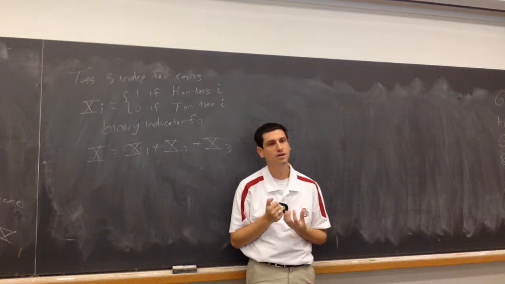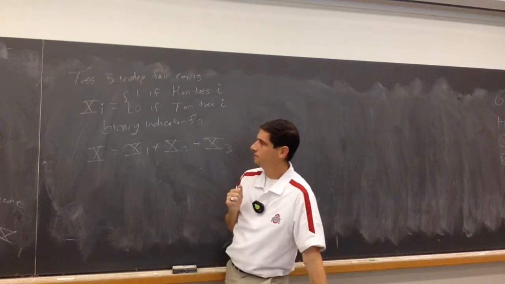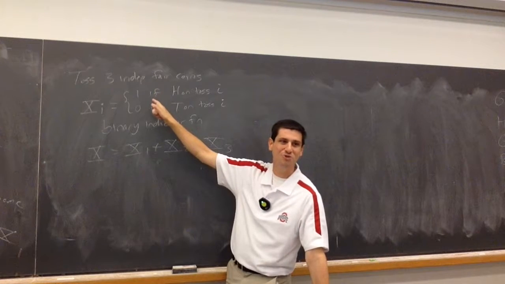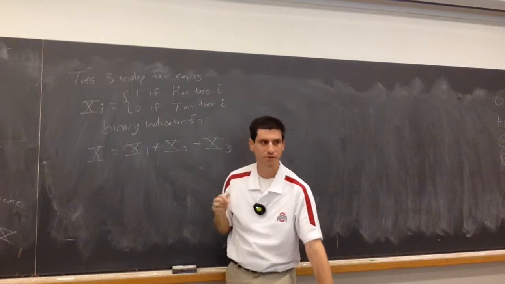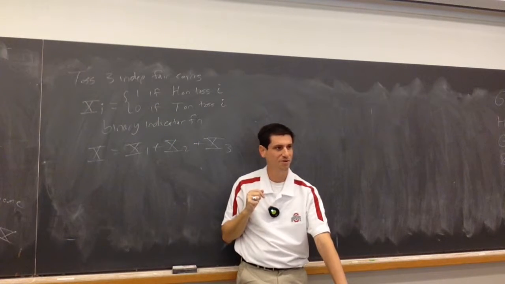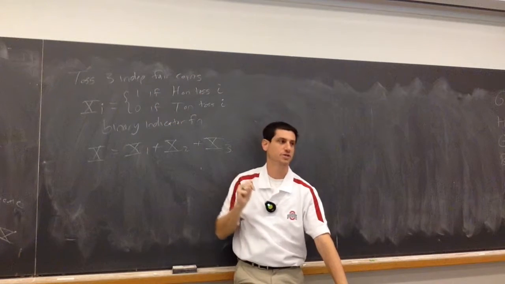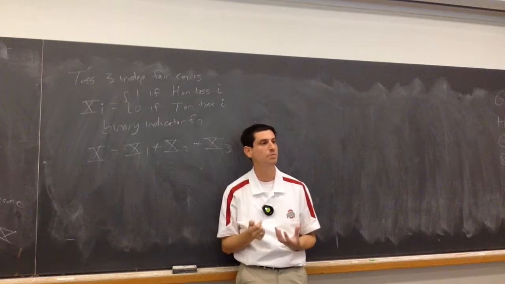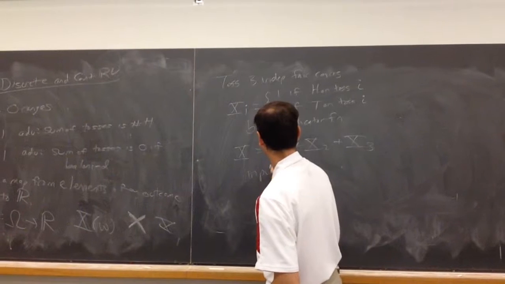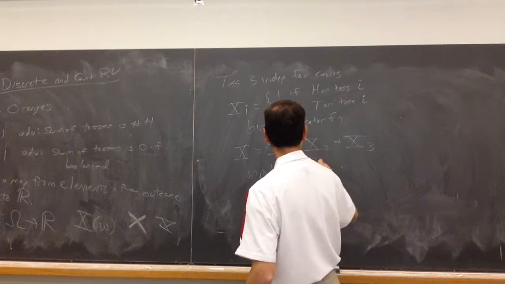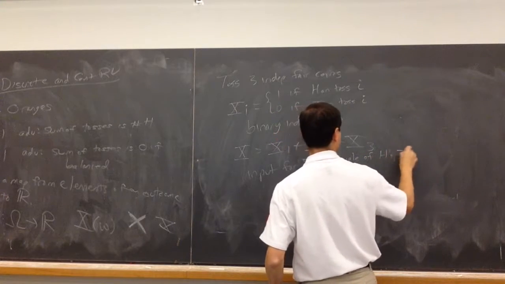A toss? That's my output. My output is a real number. What's my input? Nope. I toss 3 independent fair coins. My input here is a triple of outcomes, heads and tails. So the input for X_i is a triple of heads and tails.